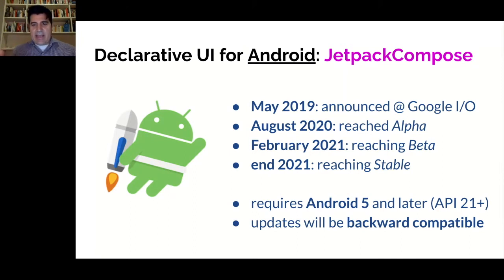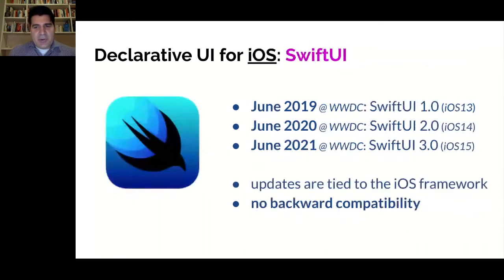It's going to be backward compatible with all the old devices that you have. You don't need to update to a new version. SwiftUI in this respect is quite different because it is tied to the iOS framework. So there's no backward compatibility. You always need to target the latest iOS framework if you want to use the latest SwiftUI version.